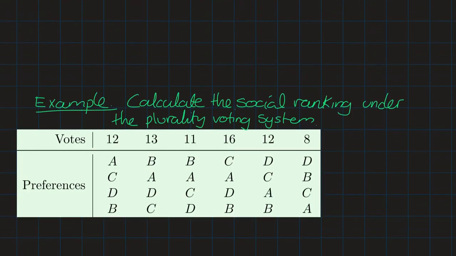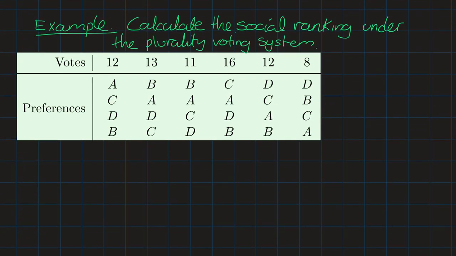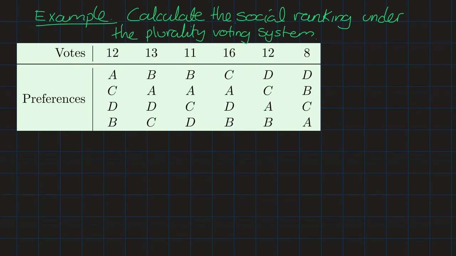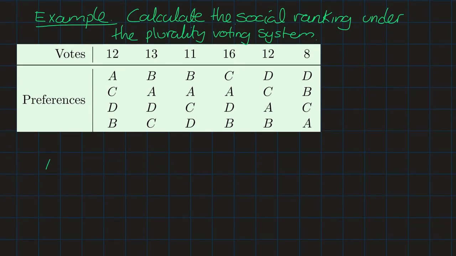Finally, let's do one more quick example. So let's look at this one right here. Same question as before, calculate the social ranking under the plurality voting system. So A is going to have 12 top preference votes. B is going to have 13 plus 11, so that's 24. C is going to have 16.